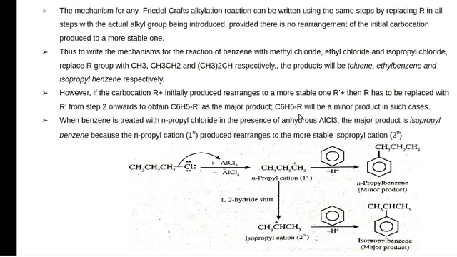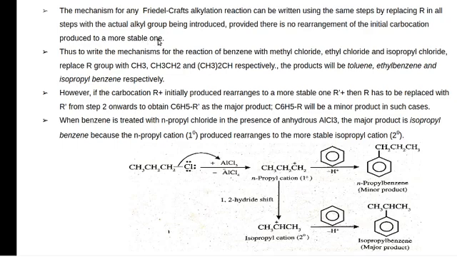So let us know more about Friedel-Crafts alkylation. The mechanism for any Friedel-Crafts alkylation reaction can be written using the same steps by replacing R in all steps with the actual alkyl group being introduced, provided there is no rearrangement of the initial carbocation produced to a more stable one.